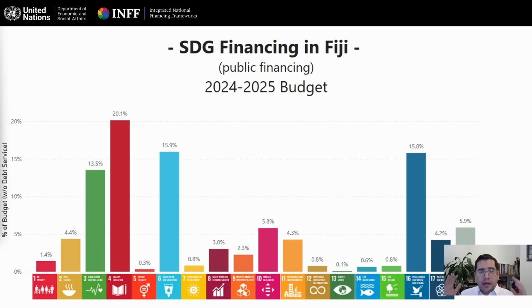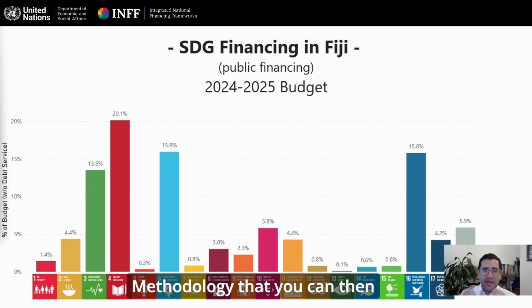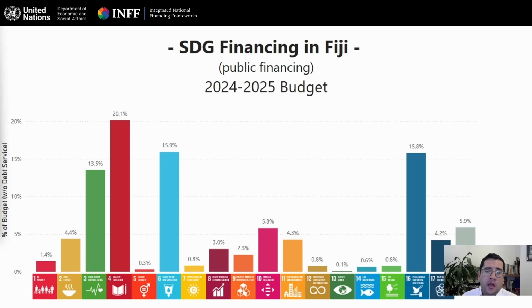So basically, by doing an SDG budget tag, you get an umbrella methodology that you can then choose and select to further understand specific topics that you might be interested in.